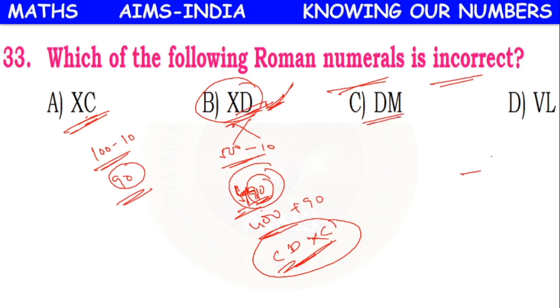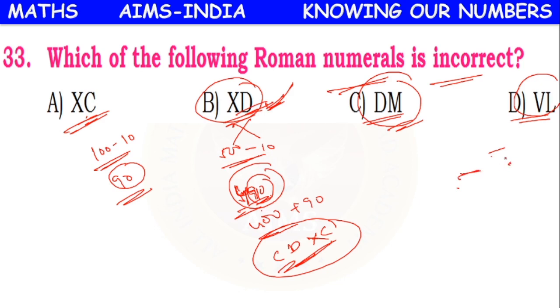Next, DM is also not possible. DM is also wrong. Because DM means how much?